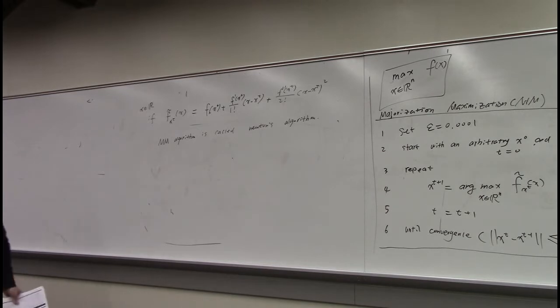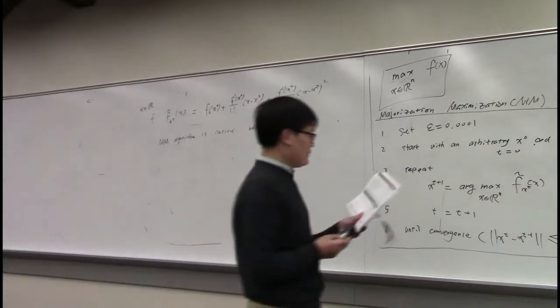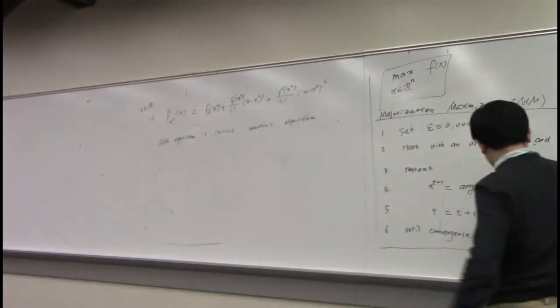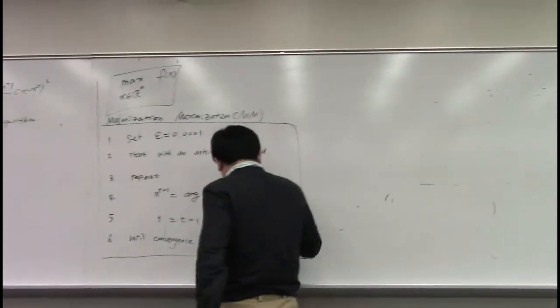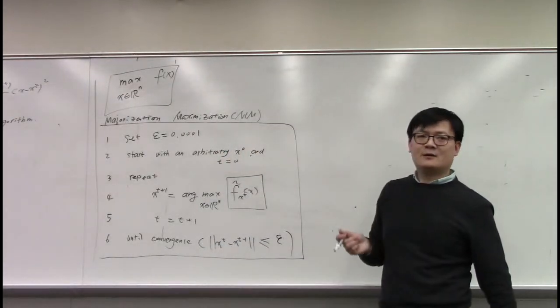Now here we focus on the first order Taylor expression. The reason is that we want to generalize to submodular optimization, because a submodular function is not smooth, and you don't know how to calculate the gradient. For this reason, the second order Taylor expression is not appropriate here. So let us focus on the first order Taylor expression. The magic component is how to find this tight lower bound function.